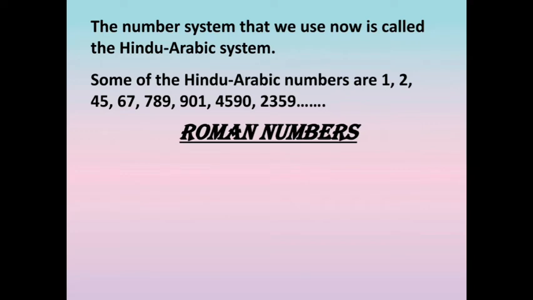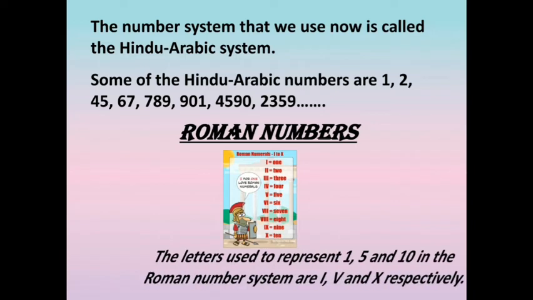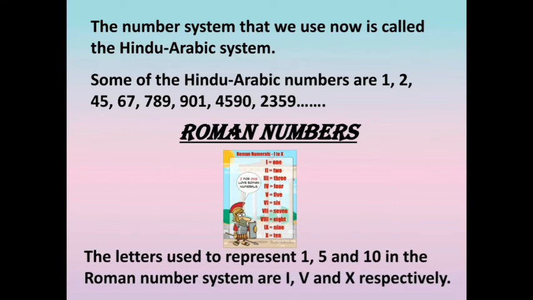Now in 3rd standard you are going to learn Roman numbers only from 1 to 30. In these Roman numbers we will mainly use 1, 5 and 10. The letters we use to represent 1, 5 and 10 are I, V and X.